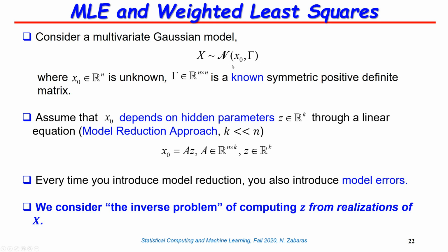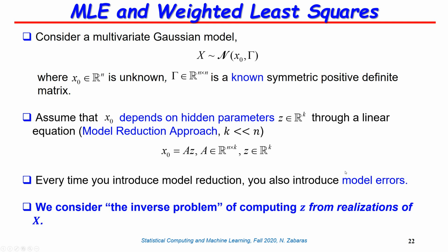So I have some samples of this and I want to compute z. You can think of this as an inverse problem, where, given noisy observations of x, which are this capital X, we try to estimate what z is.